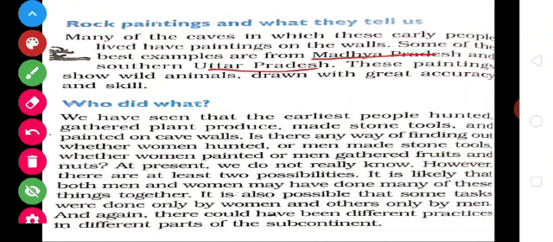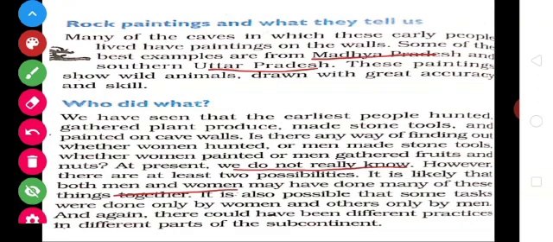At present we do not really know. However, there are at least two possibilities. It is likely that both men and women may have done many of these things together. It is also possible that some tasks were done only by women and others only by men.